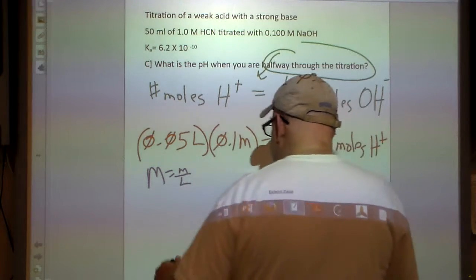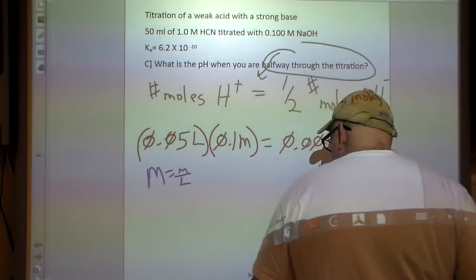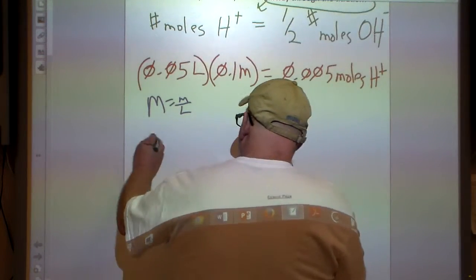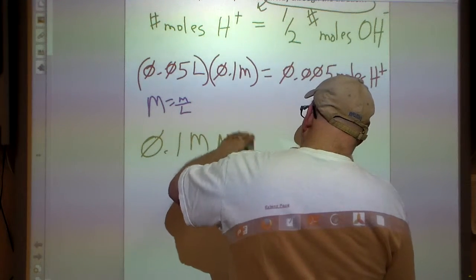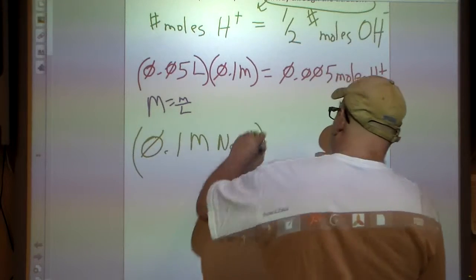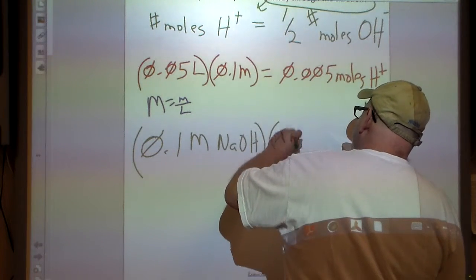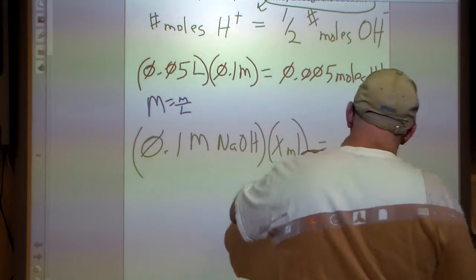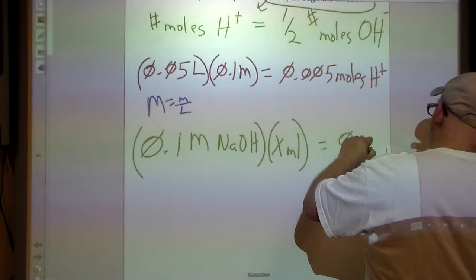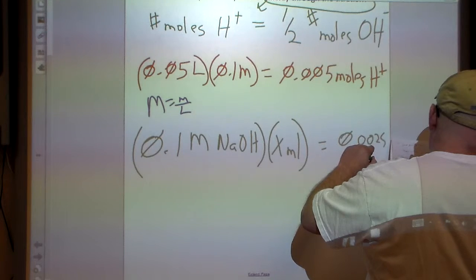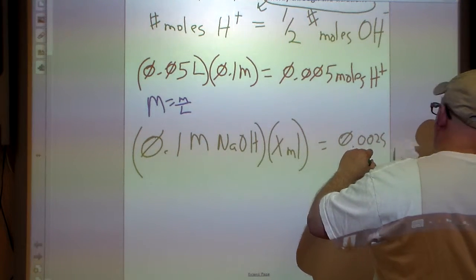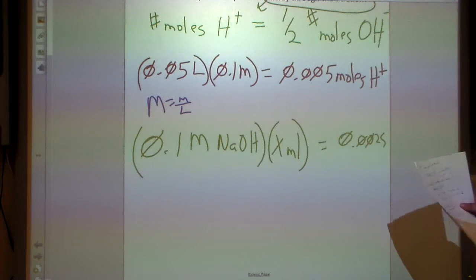So now we're trying to find our 0.1 molar NaOH times X liters is going to equal 0.0025 moles.